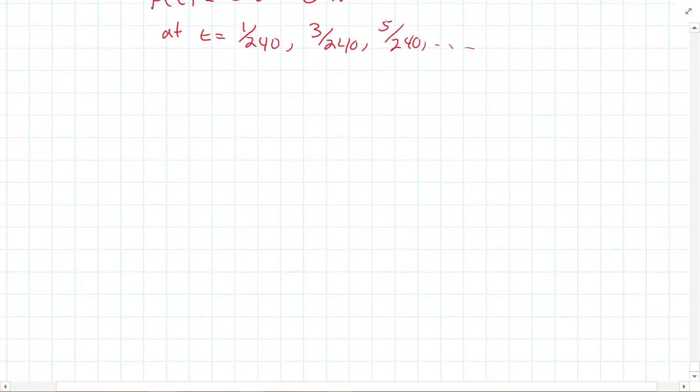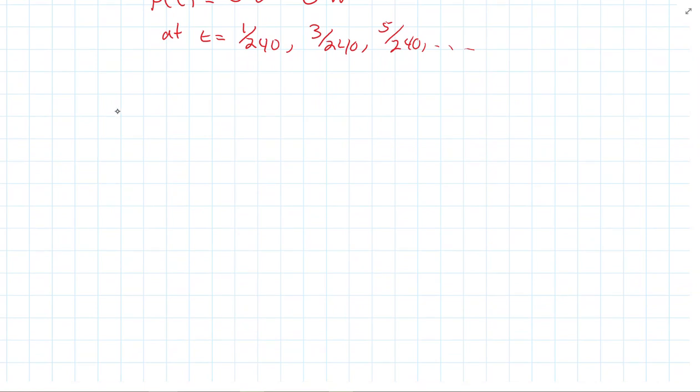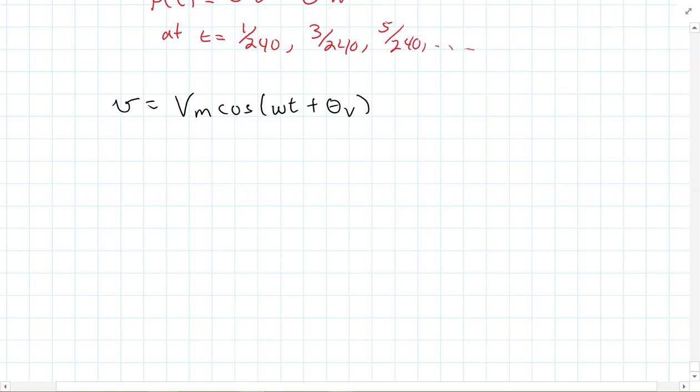To do that, we're first going to look at the fact that I have a voltage. I'm going to write my voltage as Vm cosine of omega t plus theta v. And then I'll have a current, which I'll write as Im cosine of omega t plus theta i.